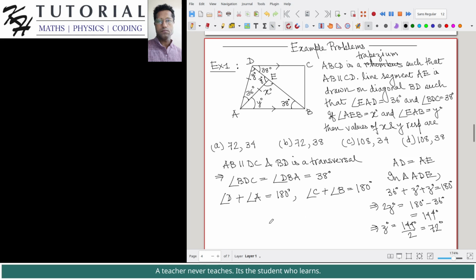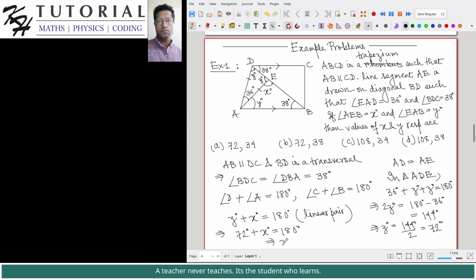Also, Z degree plus X degree should be equal to 180 degree, as angle Z and angle X are a linear pair of angles. So 72 degree plus X degree is equal to 180 degree.